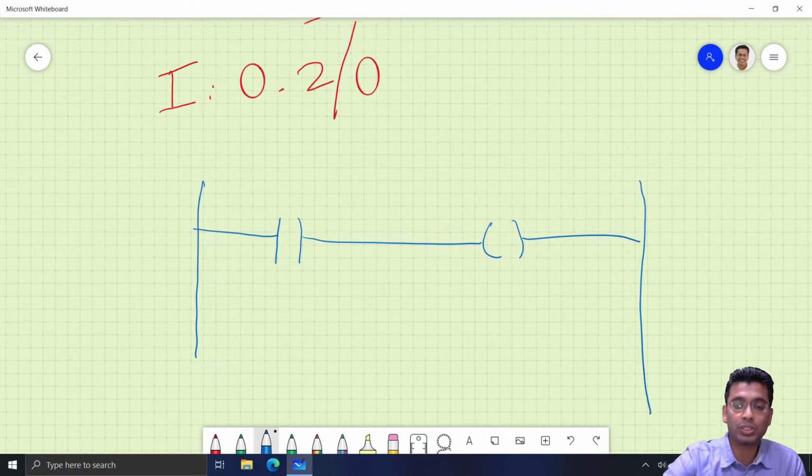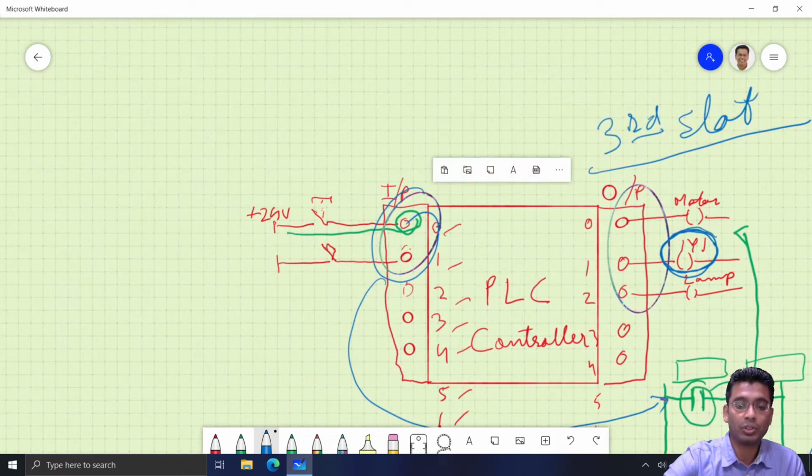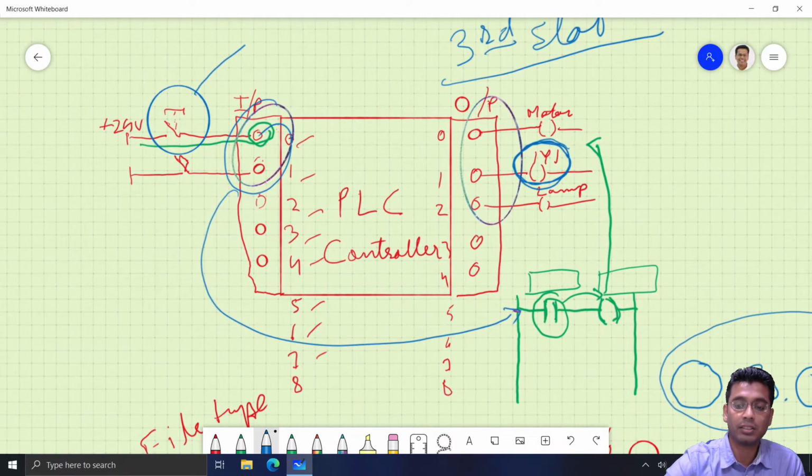Fine. So what is my condition here? Suppose if I press this switch, then this solenoid valve 1Y1 should energize. This is my case. Then you just see what is the addressing for this.